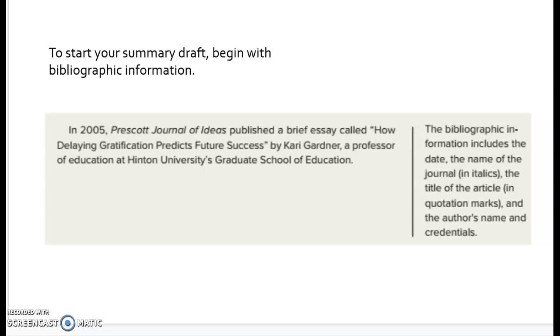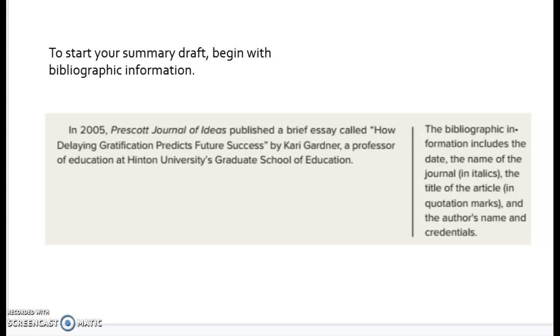And you're going to begin with the bibliographic information. So in there, you want to include the date of the article, the name of the journal that you found it, the title in quotation marks, and the author's name and credentials. In college, you should be finding your research through databases.